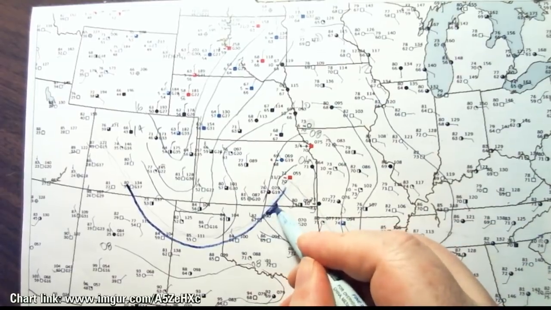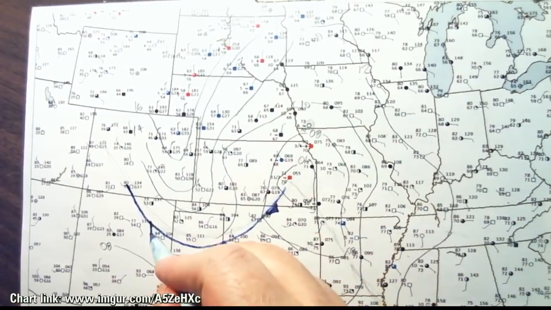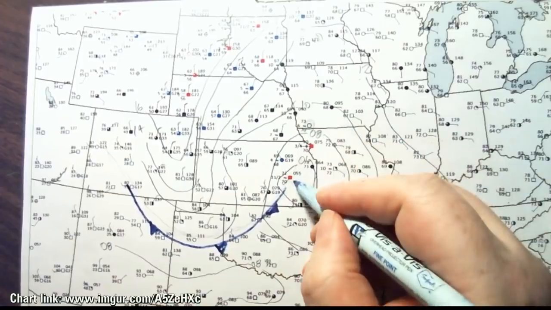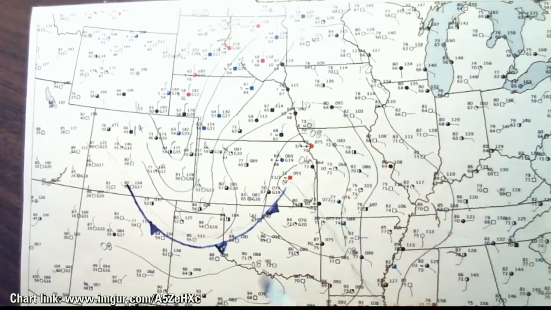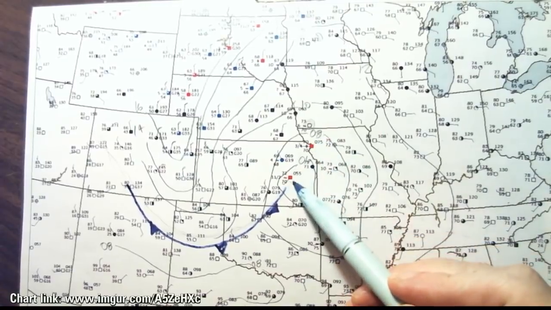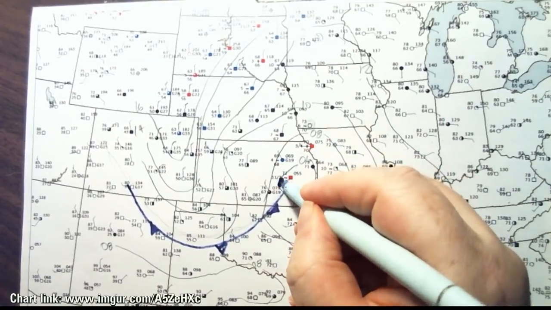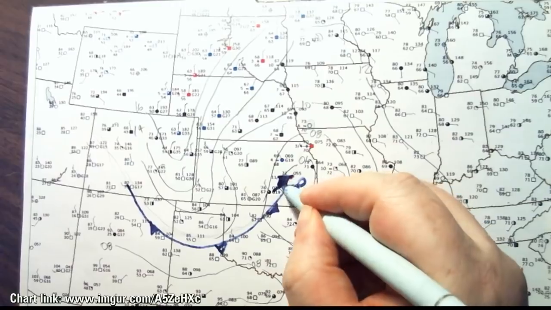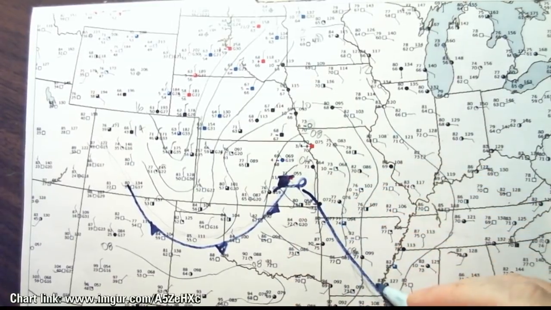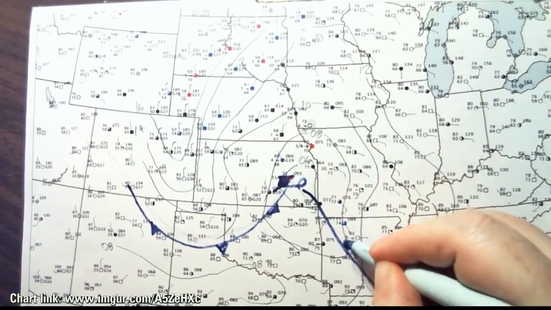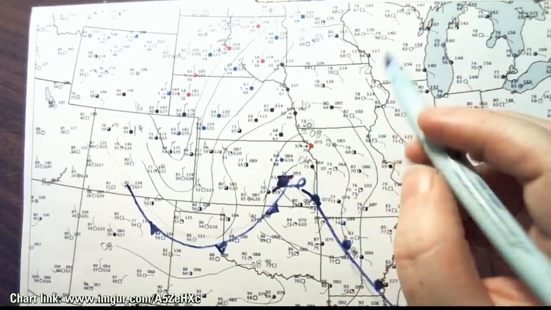There's that cold front coming out of Kansas and the panhandles. Got our surface low. Let's see, yeah, what's going on here? The actual surface low is right around the Emporia, Kansas area, right in there. And there's where the warm front is.